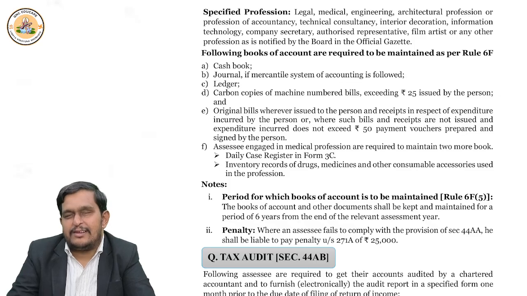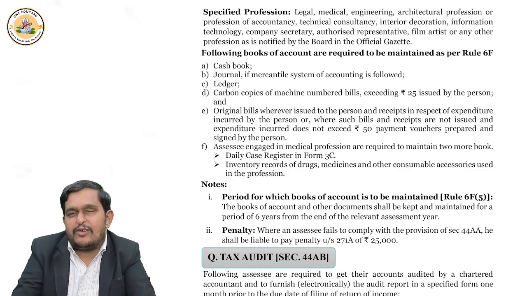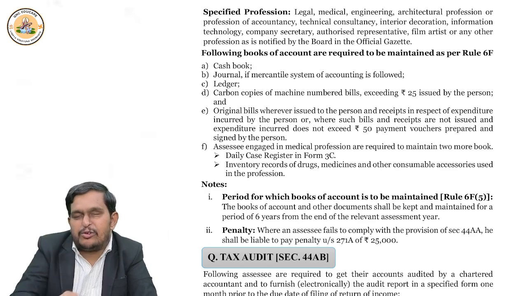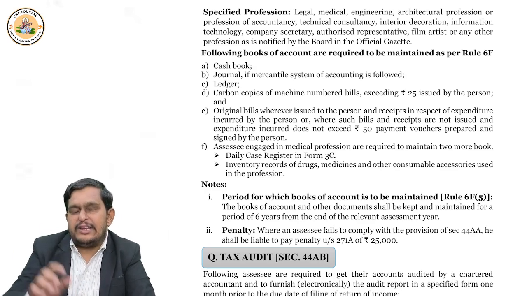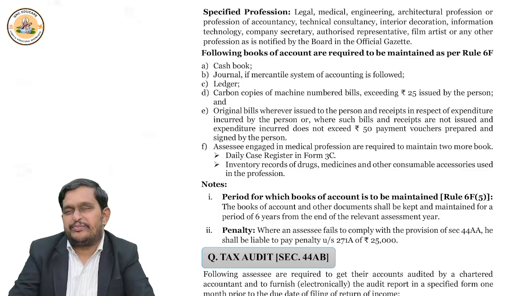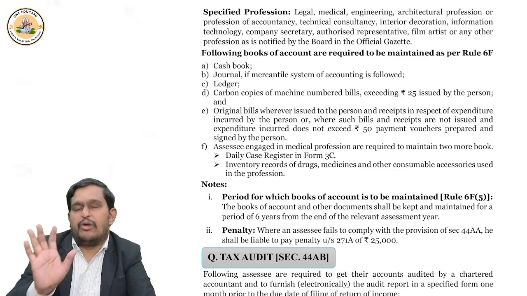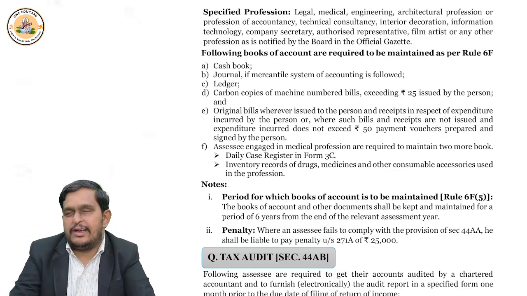If yes, then maintain that original copy which the seller will give to you. Maintain those original copies with you, when it is 50 rupees or more. The job is done.